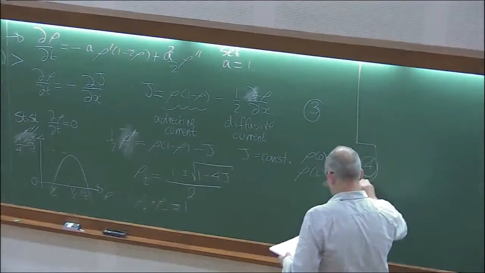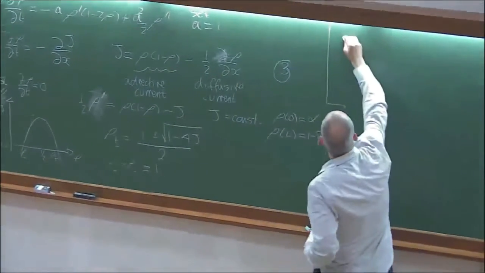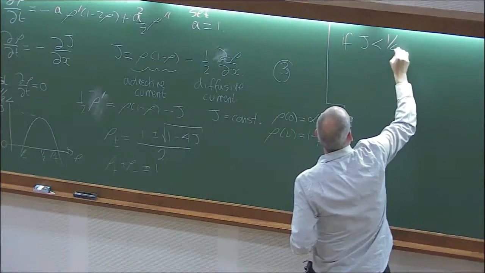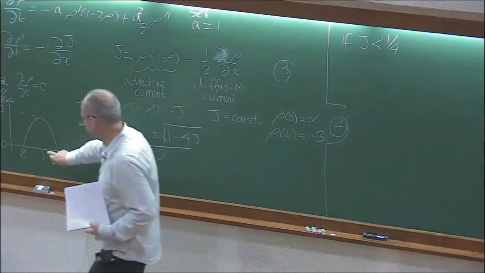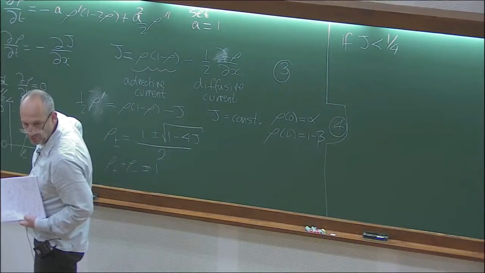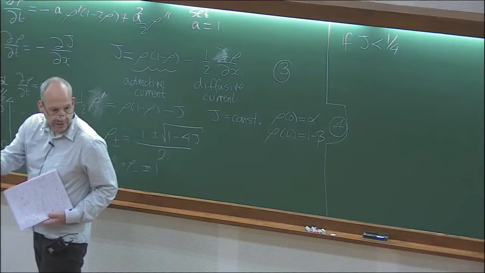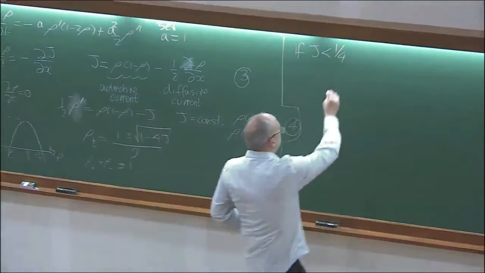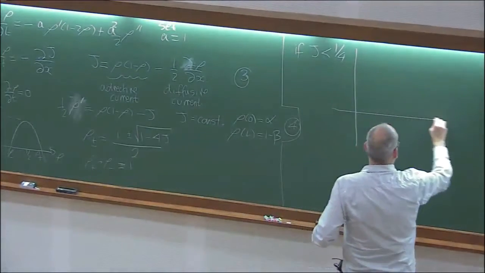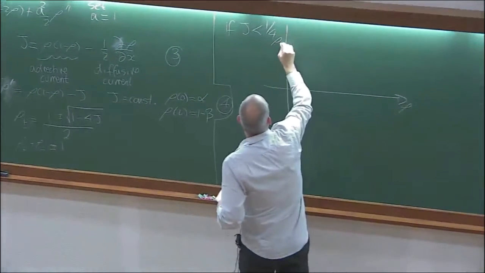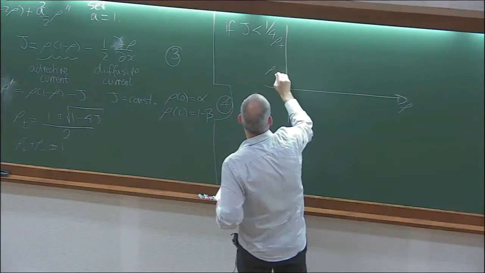the solutions. If j is less than a quarter, then at these densities d rho by dx is 0, so rho becomes a constant. So I can have solutions, rho plus and rho minus.